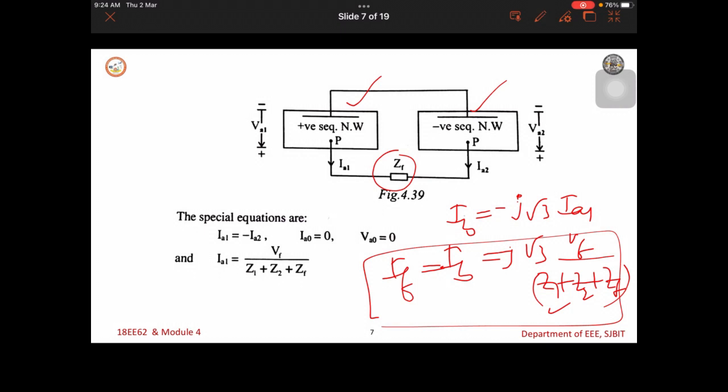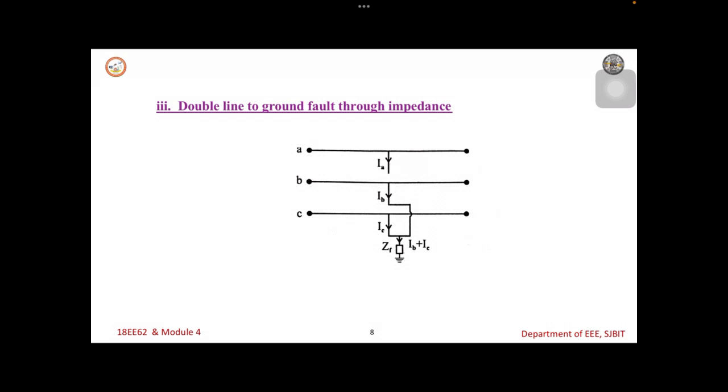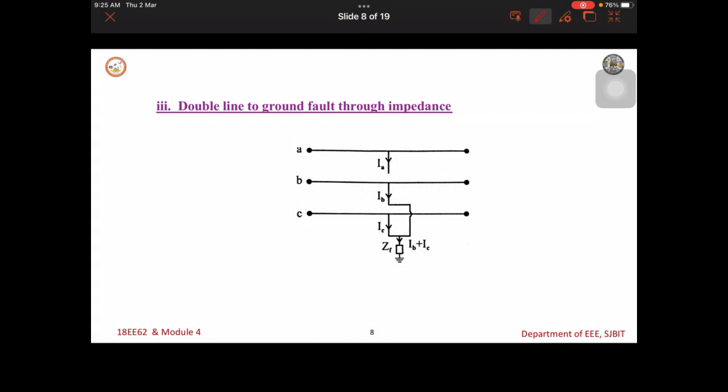After this, let us understand the double line to ground fault with fault impedance. As we discussed already in detail, here also we have considered the same B and C phases as the faulty phases. Here B and C are shorted and grounded through the fault impedance, and the terminal conditions you can easily write. IA is 0 because no load is connected, so no current flows.